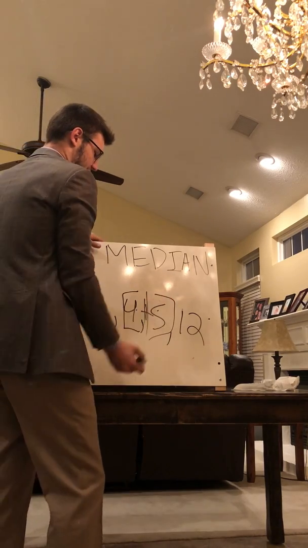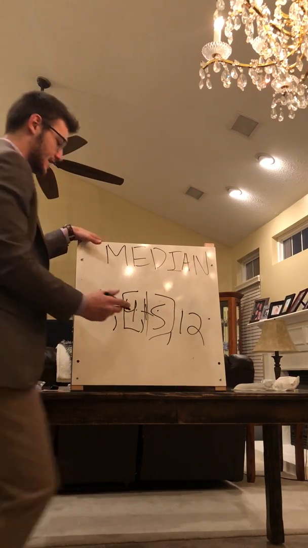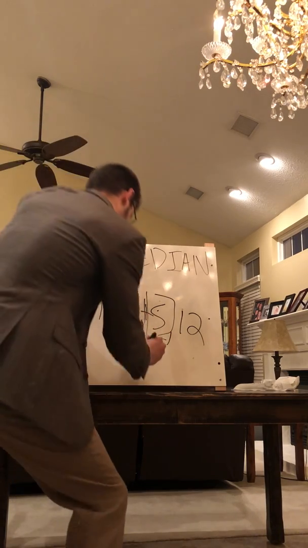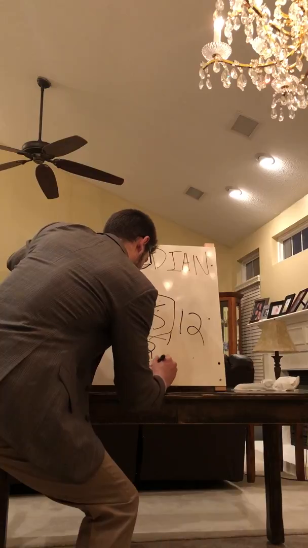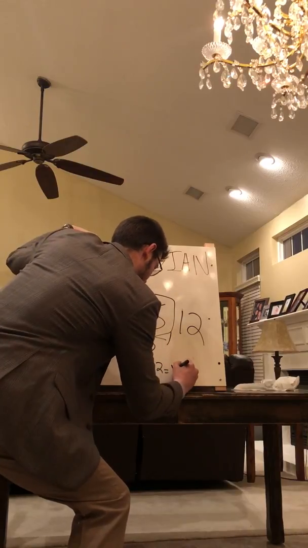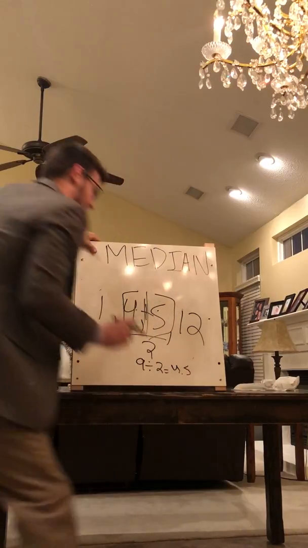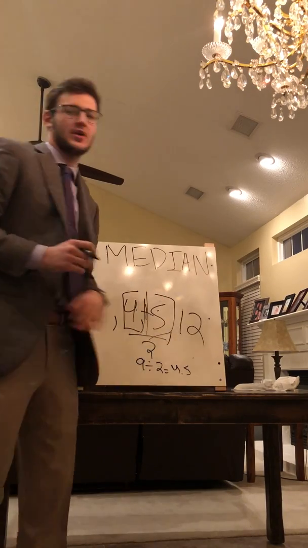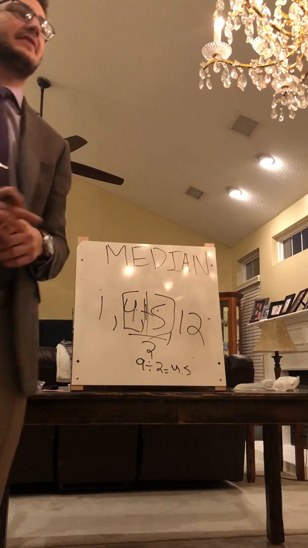So 4 plus 5 is 9, and then we divide by 2. So 9 divided by 2 equals 4.5. The median of these 4 numbers is 4.5.